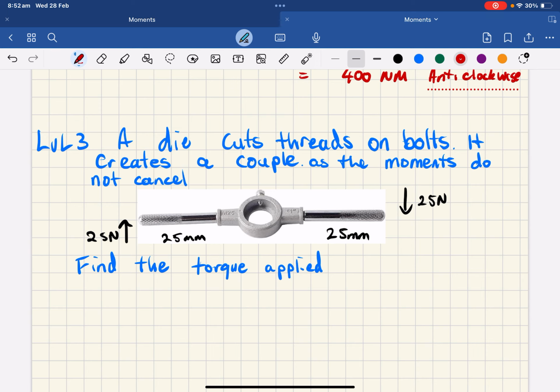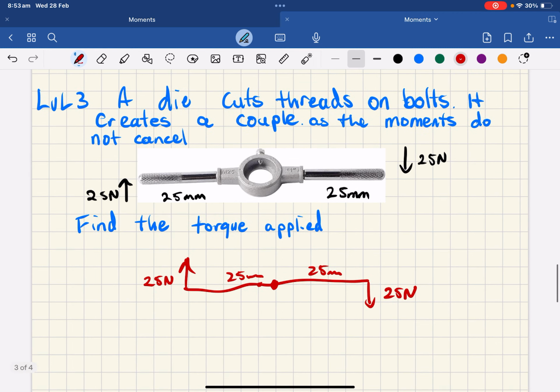So when I start my free body diagram, I've got this, and it's going down this way, 25 mil, 25 newtons, and I've got this one coming out this way, which is going up. It's 25 mil and 25 newtons. This is a really poor choice of numbers, Mr. Viger. So 25 and 25, happy days. So find the torque applied.